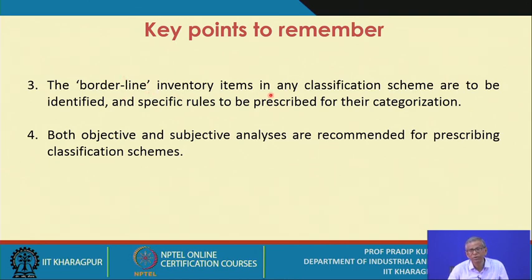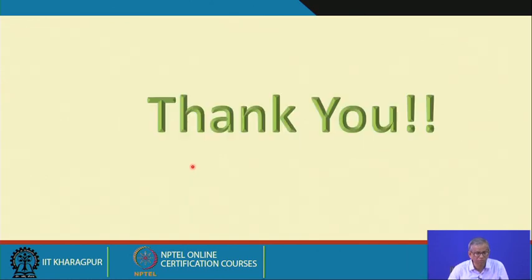The borderline inventory items, this point is to be noted, in any classification scheme are to be identified and specific rules are to be prescribed for their categorization. Both objective and subjective analysis are recommended for prescribing the classification schemes.